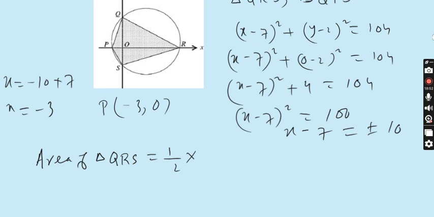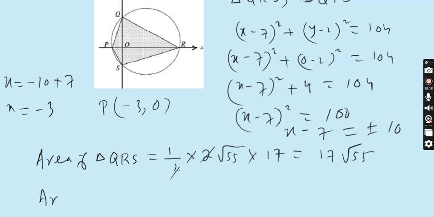Base is QS, which we found to be 2 root 55 in the previous part, and height is OR. OR means 17. Height is OR because the coordinates of R are 17. So 2 cancels by 2, 17 times 1 is 17, 17 root 55.